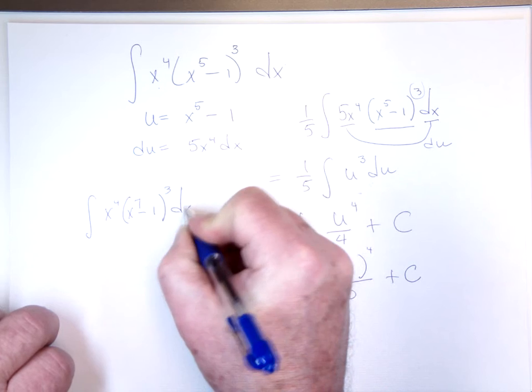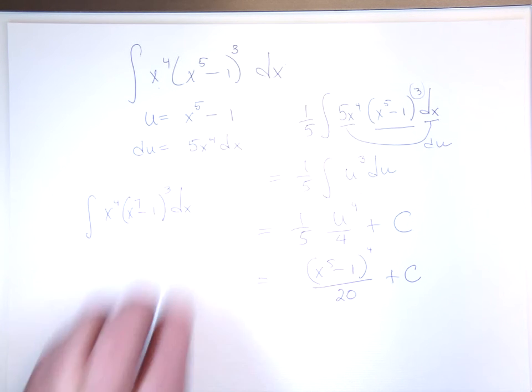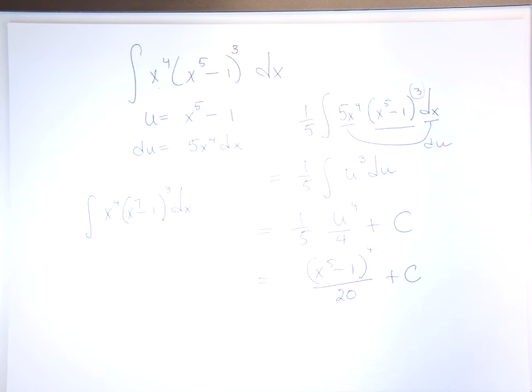Okay? Let's suppose you had this instead. Now, you've got x to the seventh minus 1 cubed. And you say, okay, this must be another one of those u to the n things where u now is x to the seventh minus 1. The du would be 7x to the sixth dx. We have a problem.